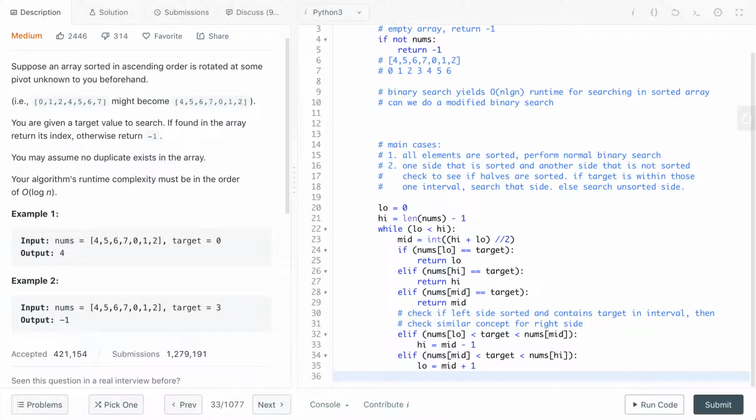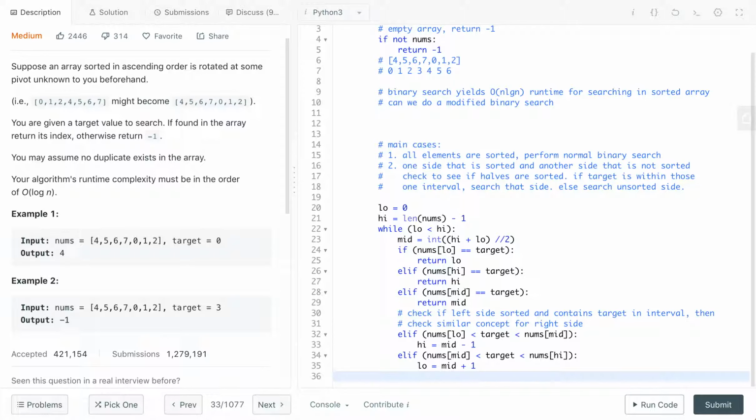And also the right side is not sorted and containing the target. So now this means that what we seek for the solution is that the target is possibly in the unsorted side. And we talked about before how if we have an unsorted side, then there's going to be one sorted side.